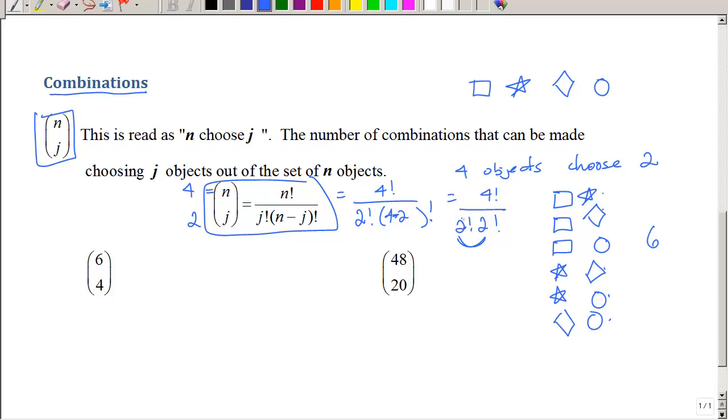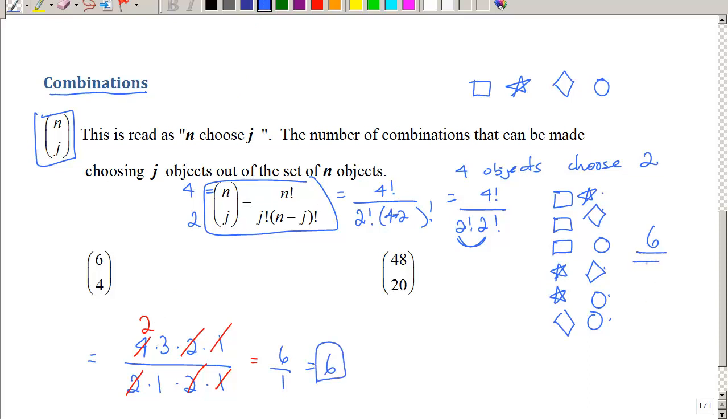No. If you multiply that out, I have 4 times 3 times 2 times 1 over 2 times 1 and 2 times 1. See, that's not the same. So those divide out. 2 goes into 4 2 times. So I have 2 times 3 is 6 over 1, 6. Yes, so there are 6 different ways, if I had 4 objects, to combine any 2 of them.